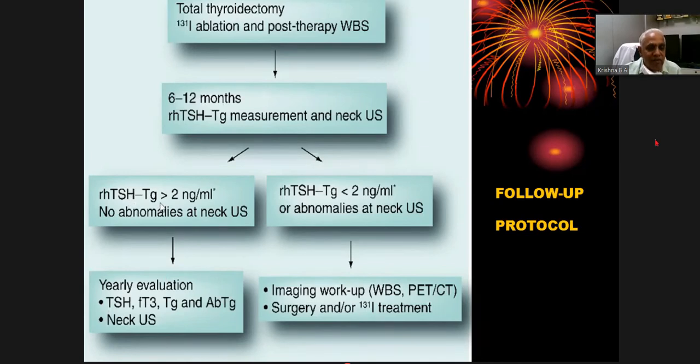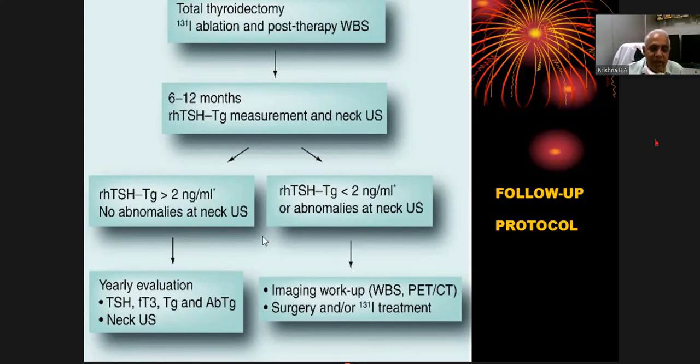If the rhTSH shows thyroglobulin less than 2 nanogram per ml, that is called stimulated thyroglobulin, and no abnormalities at neck ultrasound, then just observe this patient, with yearly evaluation with TSH, stimulated thyroglobulin, anti-TG antibody, and neck ultrasound.